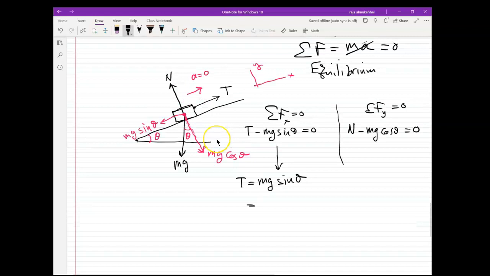So I have sine 20, and there we go. I can use my calculator for that. So I have 15,000 times sine 20.